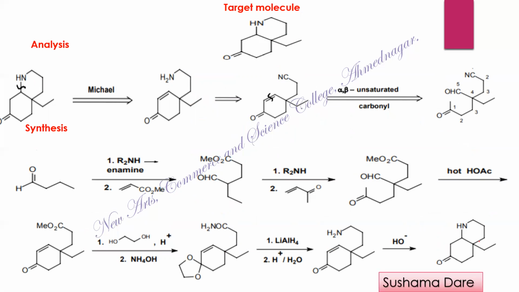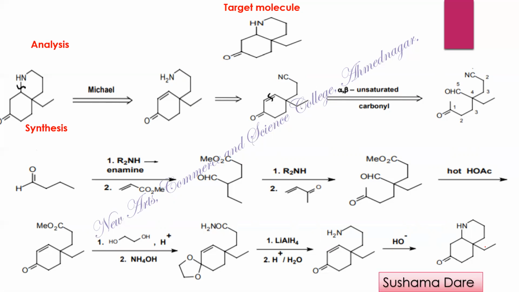What you see in this target molecule is that again nitrogen is a part of a ring. So we can consider this a carbon nitrogen disconnection and at the same time it is a heterocyclic compound. Now the question arises, which carbon nitrogen bond we have to consider first. The substitution pattern of the carbon attached to the nitrogen is different.